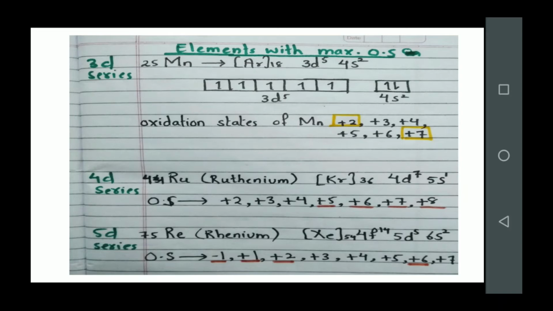Here I have underlined some oxidation states with the red line, which means that these oxidation states are uncommon. Okay, these are not generally shown, but it can show these oxidation states also. So the red oxidation states are uncommon oxidation states of these elements.